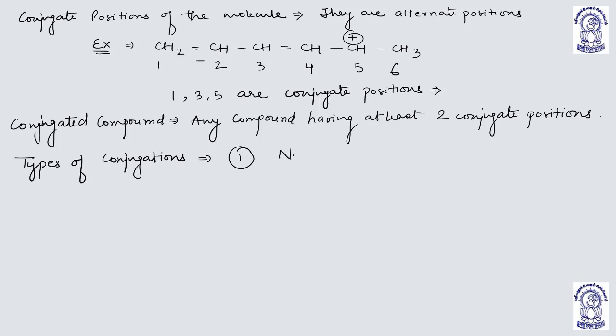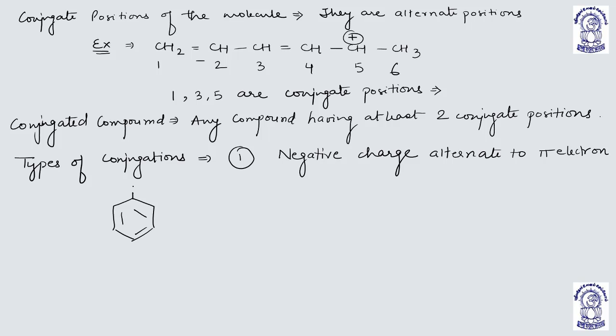First is negative charge alternate to double bond, to pi electron. This is a carbonyl, and this carbonyl is in conjugation when it is located alternate to the carbon which is in a double bond, right? So this is a conjugation.